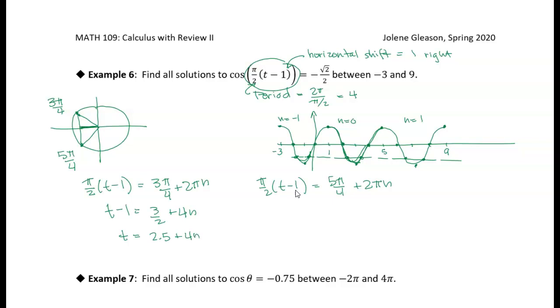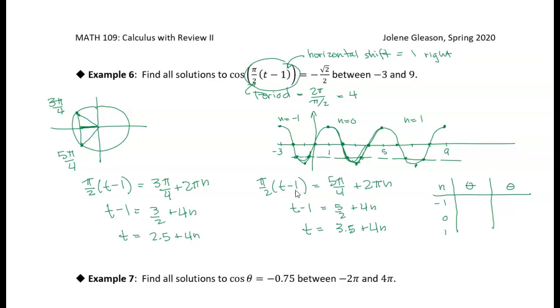Okay, so we'll do the same thing over here. We get t minus 1 equals 5 halves plus 4n. And then that means that t is equal to, adding 1 to both sides, 3.5 plus 4n. Okay? So if I want to make a little table of n and the theta values for each of those angles, so n equals minus 1, 0, and 1.